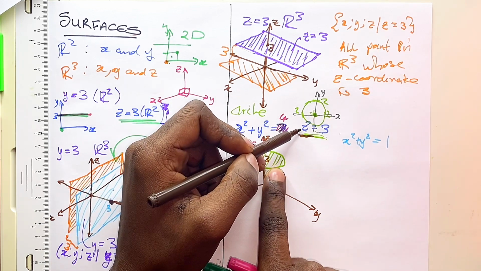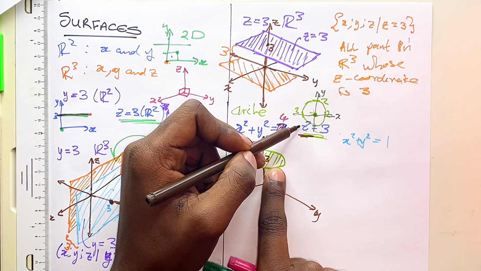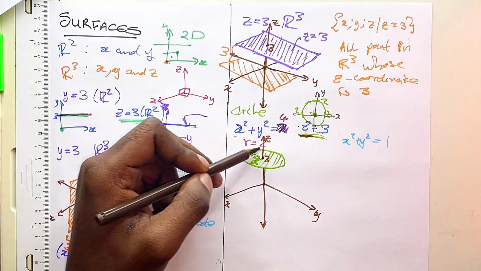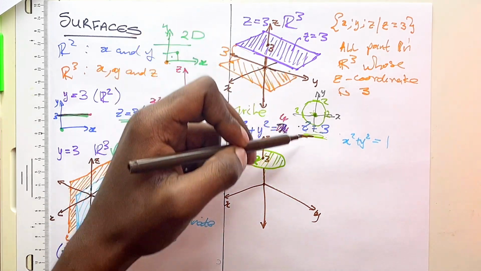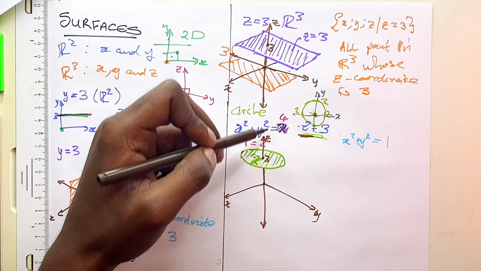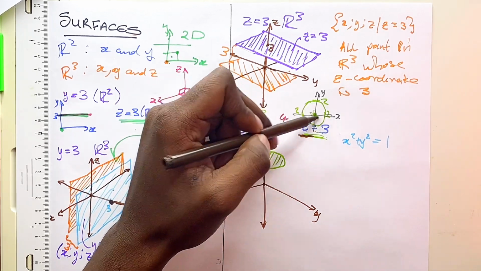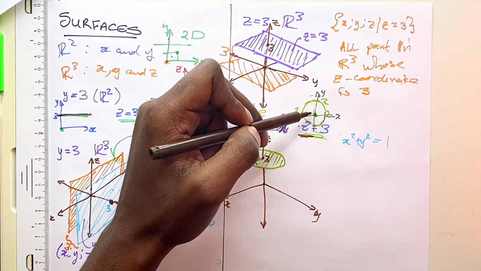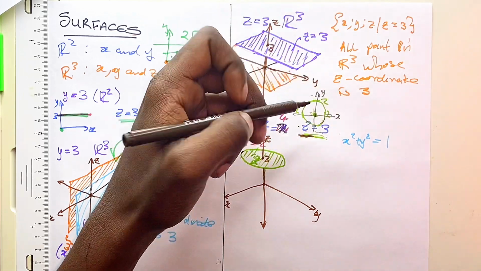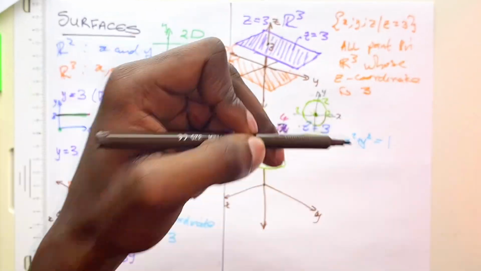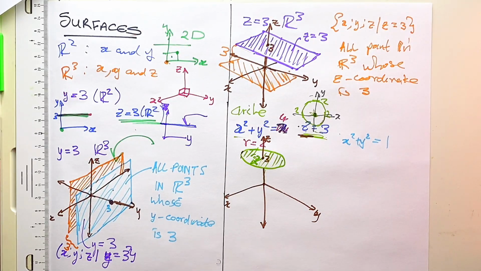If we do not specify that z is equal to 3, this circle will occupy this entire z-axis. Just like here where we didn't specify in 2 dimensions, this circle goes all the way up and all the way down. So it will look something like this.